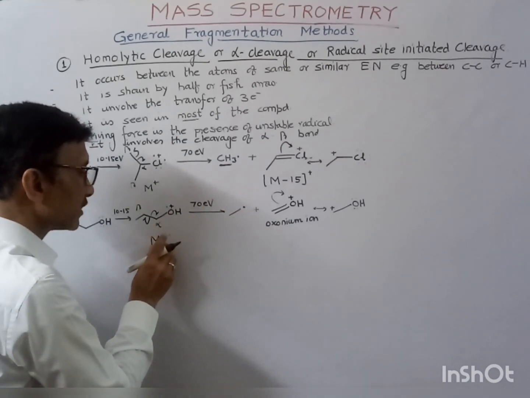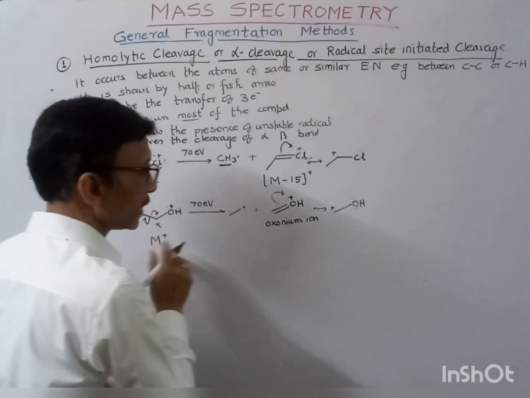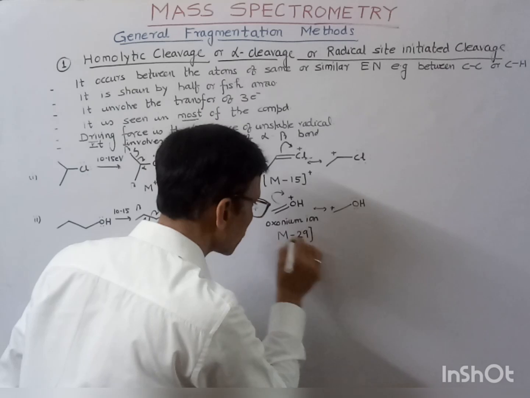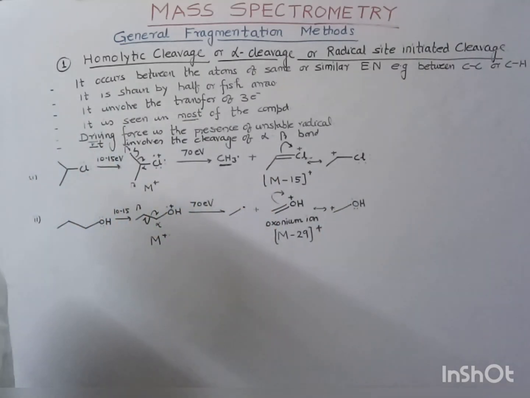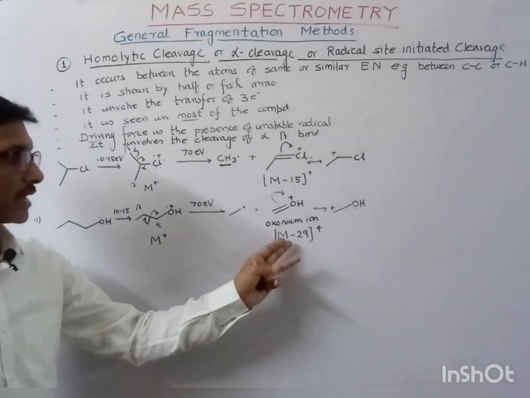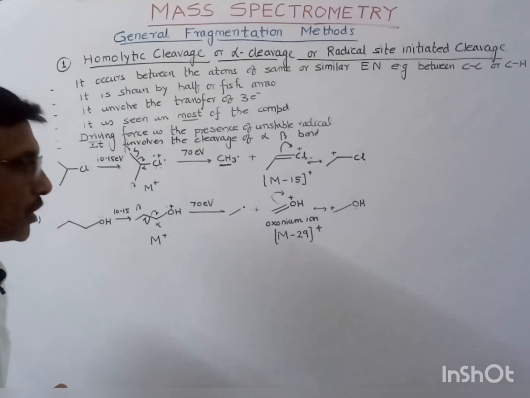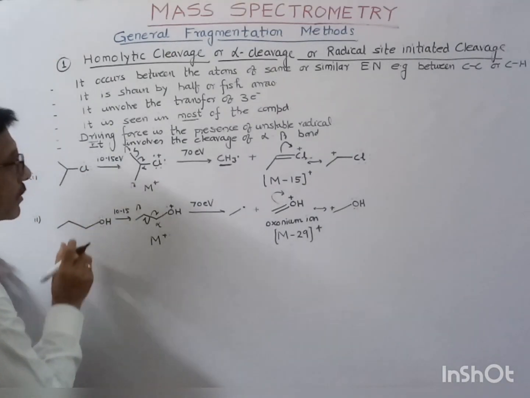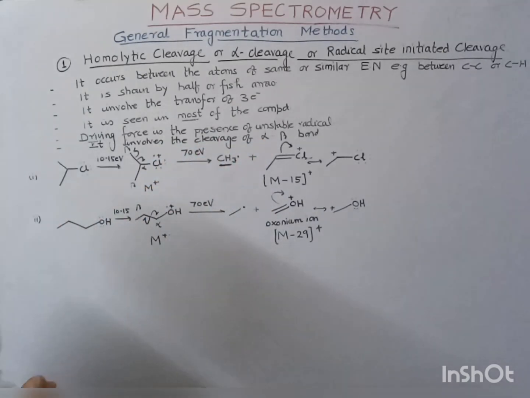So 29 is subtracted from the m/z value of the molecular ion peak, and an M minus 29 peak will also appear. So another peak will appear at 29 units less than the molecular ion. Here you have seen that this carbon-carbon alpha-beta bond undergoes cleavage.